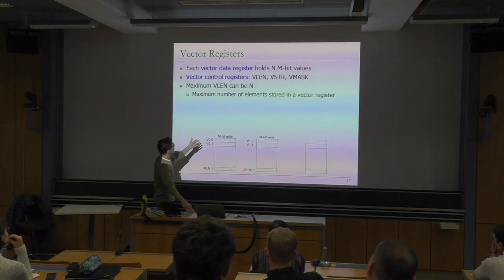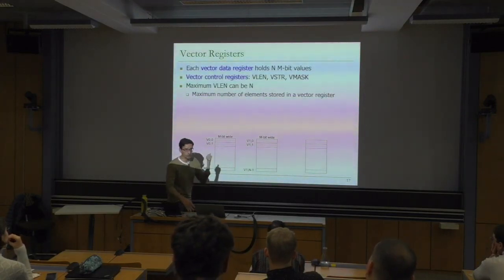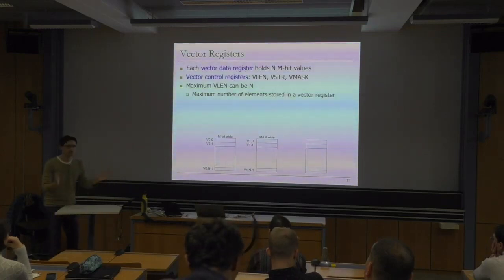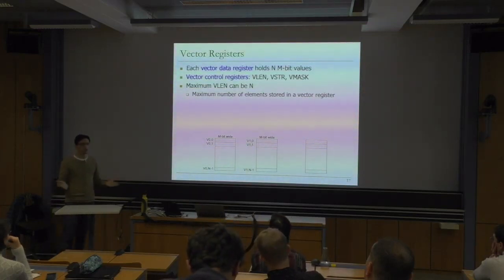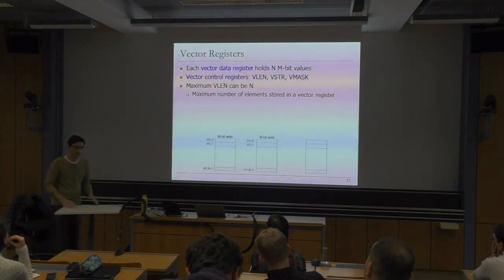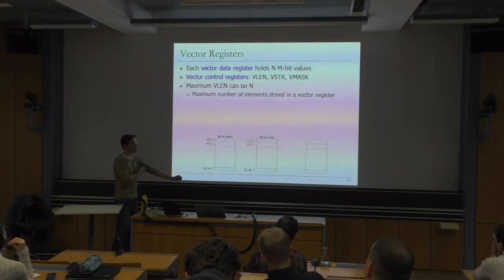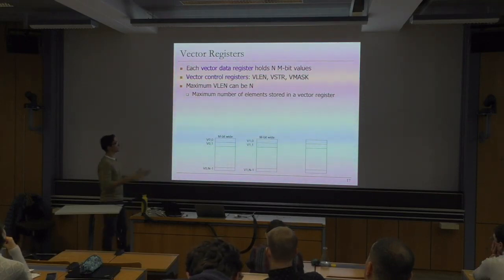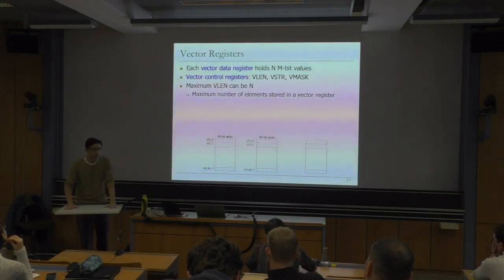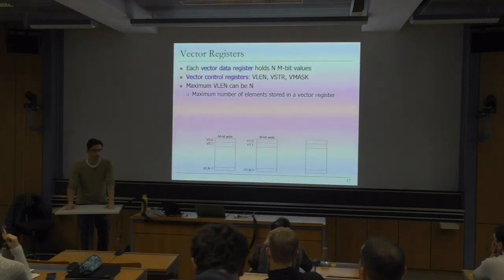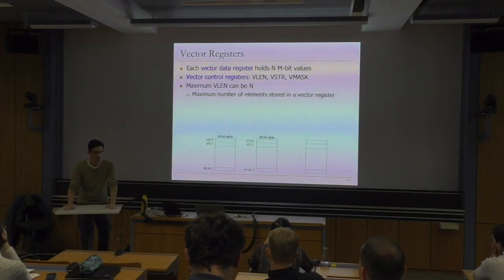Vector length is actually the maximum vector length. In the previous example, I was saying, let's assume that our vector length is 50. What does this mean? This means that we can be executing computation on 50 operands at the same time, right? But this vector length is the maximum vector length, and as you can guess, it's related to the hardware, to the number of processing elements that we actually have in our system.